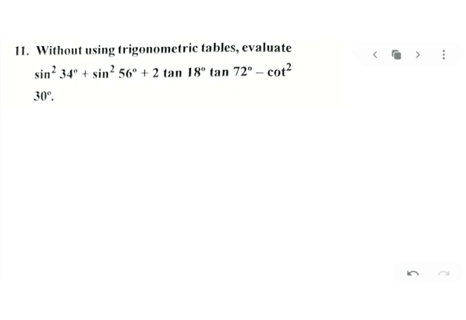Next you have, without using trigonometric tables, evaluate. Again you have evaluation. No worries. I'll keep sin square 34 degree as it is. For sin square 56, can I write cos square 34? Because sin theta is cos(90 minus theta).